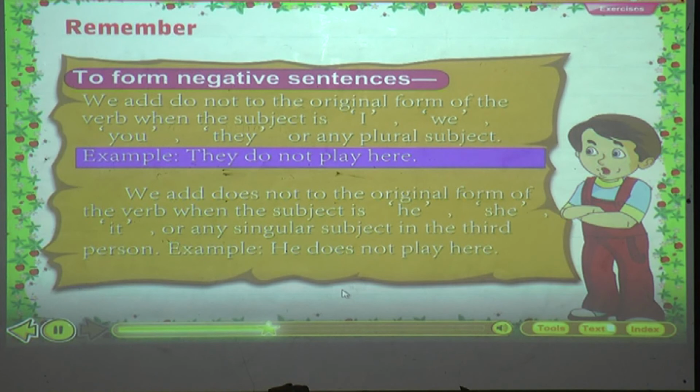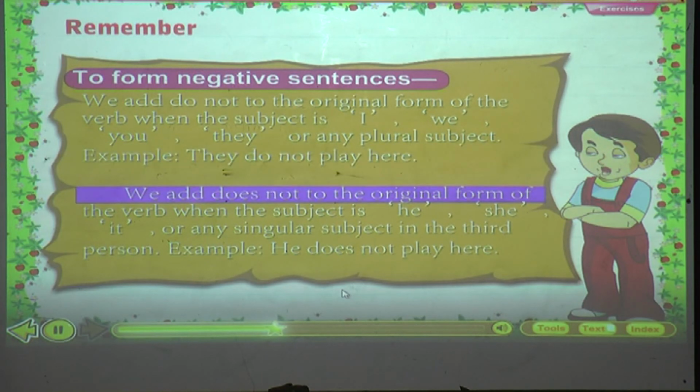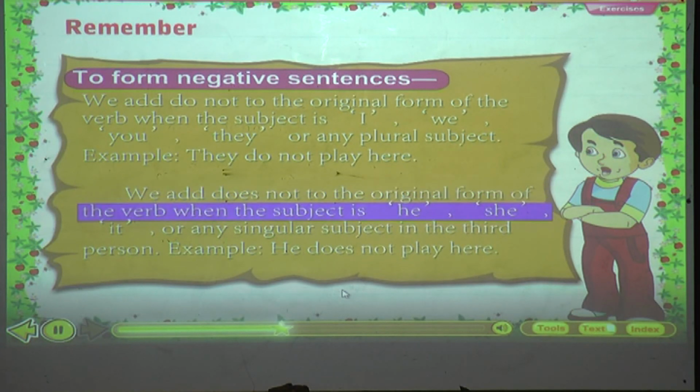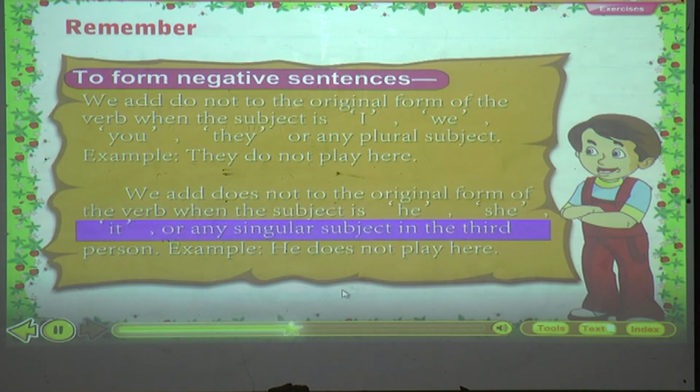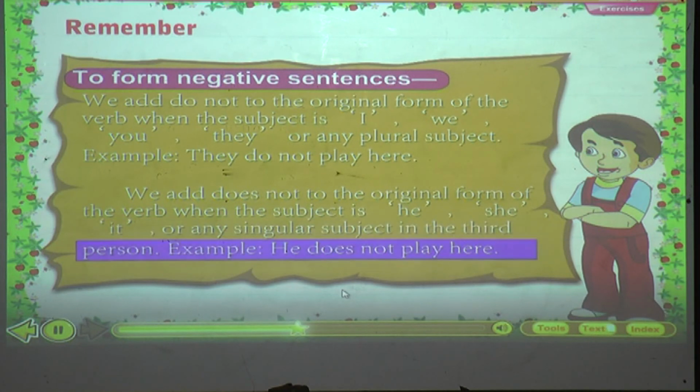Example, they do not play here. We add does not to the original form of the verb when the subject is he, she, it, or any singular subject in the third person. Example, he does not play here.